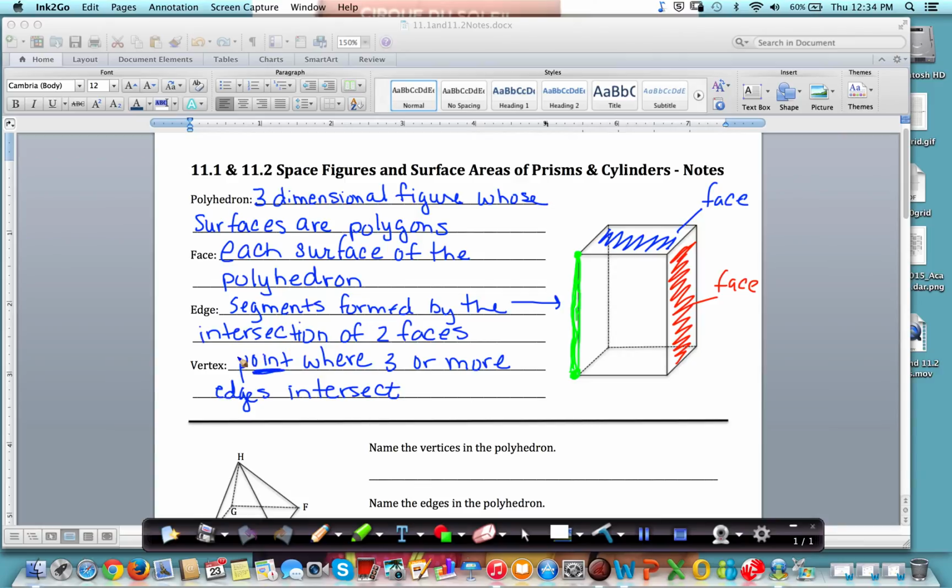It's a point. Think about it like a corner. And an edge would be like a fold or a seam. So that would be a segment. Okay, so a corner or a vertex. So we have the edge, we have the vertex, and then we have the faces.